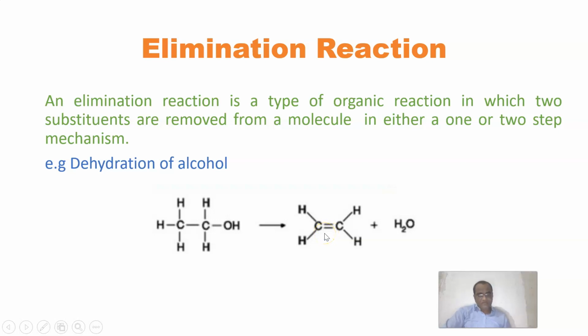All students, you might know that there are 3 types of bonds in organic chemistry. Out of that, important for us from the point of view of organic chemistry is the covalent bond, and it is formed due to sharing of electrons between atoms. When it comes to a single bond, it is said to be a sigma bond, and a sigma bond is formed due to sharing of sigma electrons.